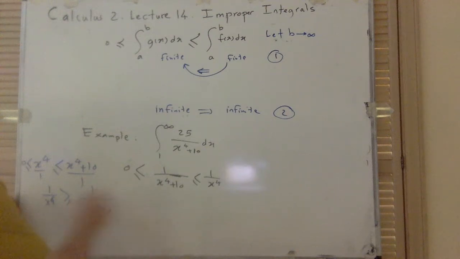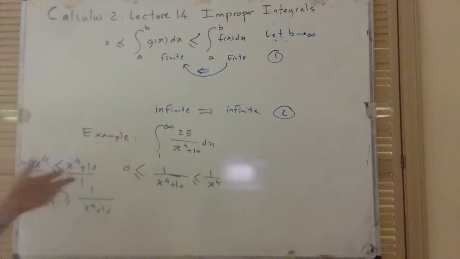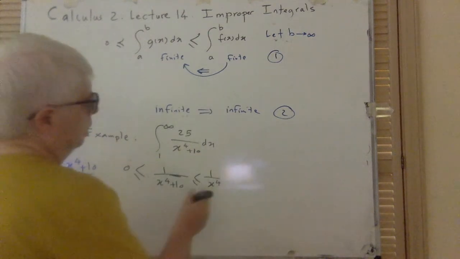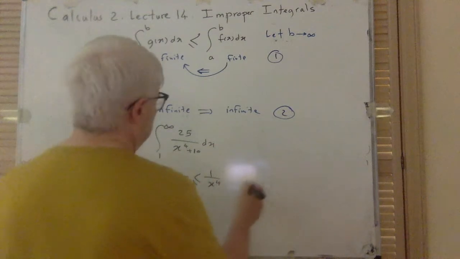This doesn't happen when we have negatives, right? So if this is negative, the reciprocal is also negative. So this happens when this happens. Therefore, this happens, and this integral is convergent.